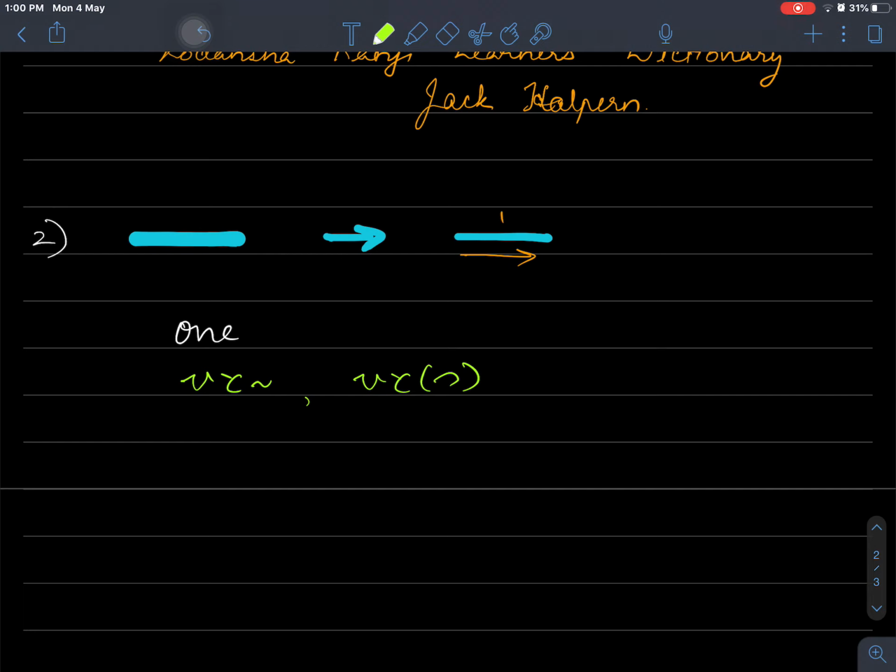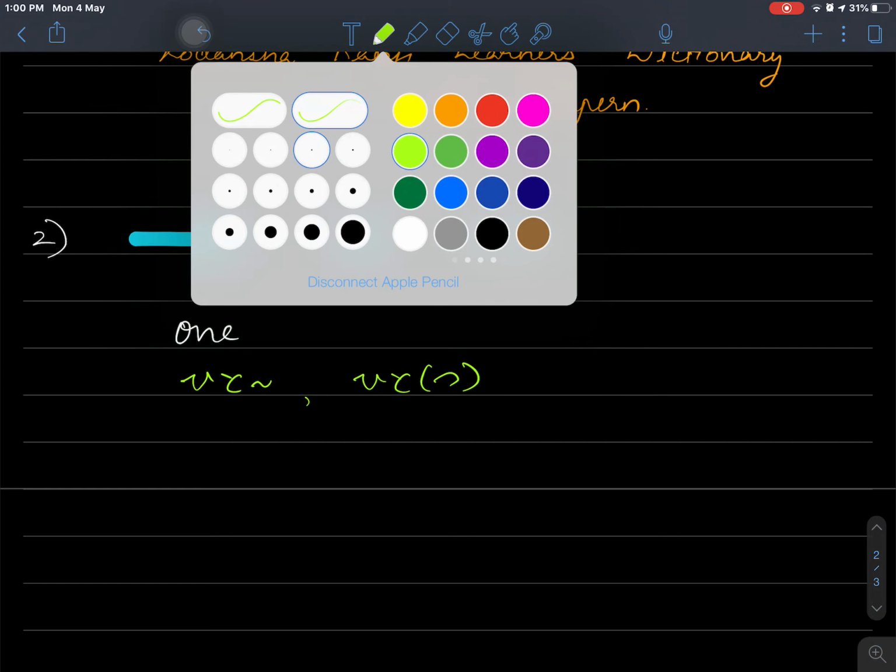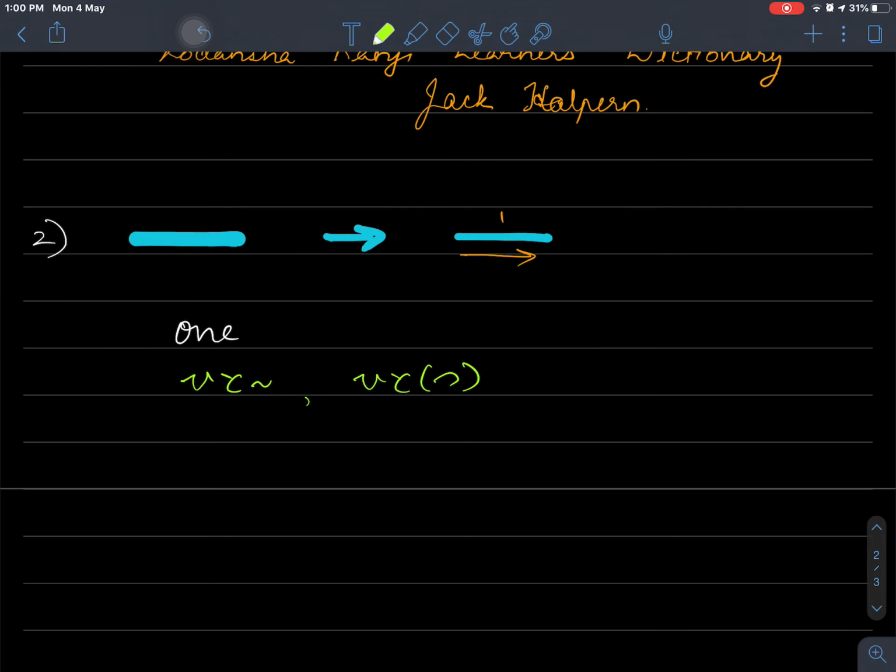In Japanese, for those of you who are aware, there are specific ways of counting specific kinds of objects. It's not there in English, it's not there in Hindi, it's not there in several of the Indian languages, but it could be there in other languages. I'm not sure. I mean, this is just additional information. It has nothing to do with the kanji, but it will be useful to bear this in mind.